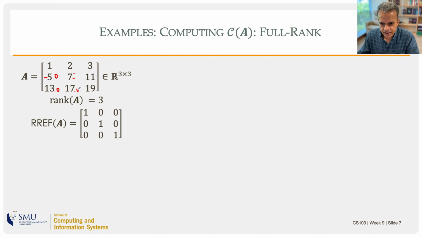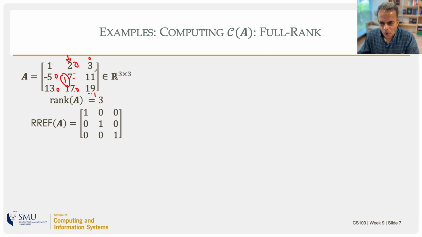Then you get 0 here. Then you get some number in the second row and some other number in the third row. Then you can divide the second row by that number to make it 1, and the third row by its number to make that 1. So you get 1, 1, 1 there. Then you can use that 1, multiply by 2 and subtract from the first row to get a 0 there, and subtract 3 times the last row from the first row, you get a 0 there.